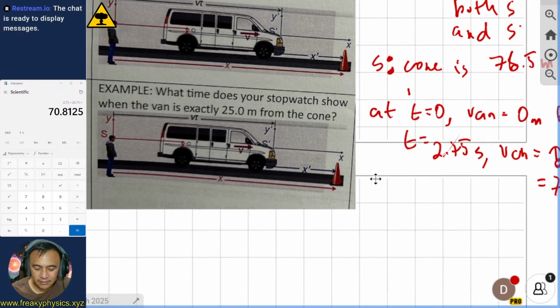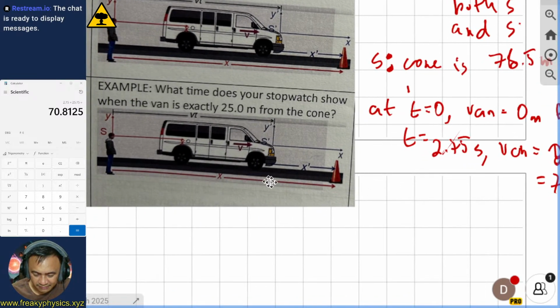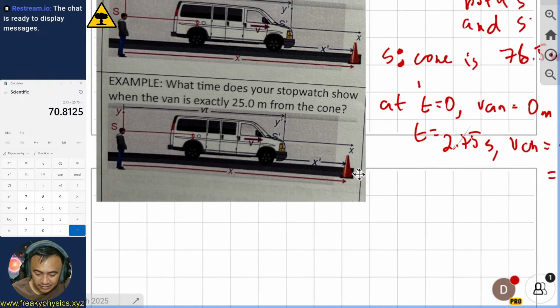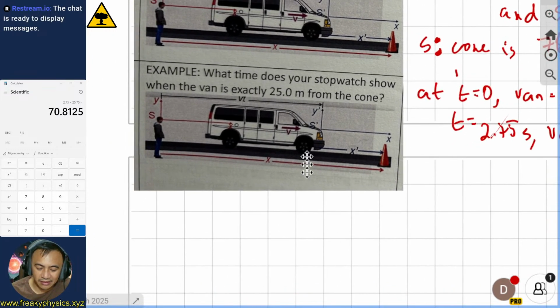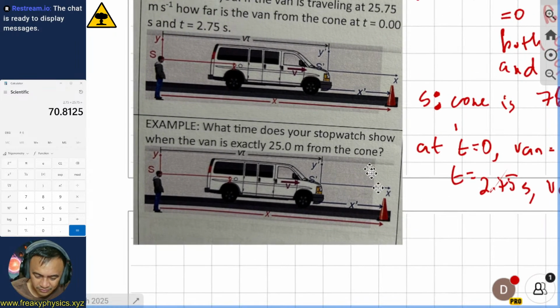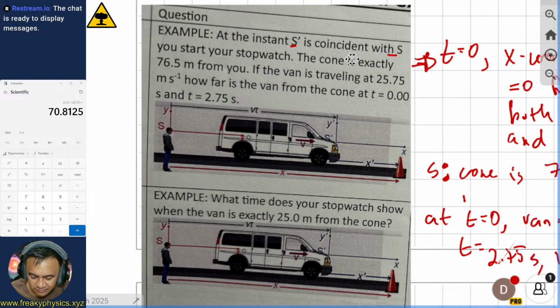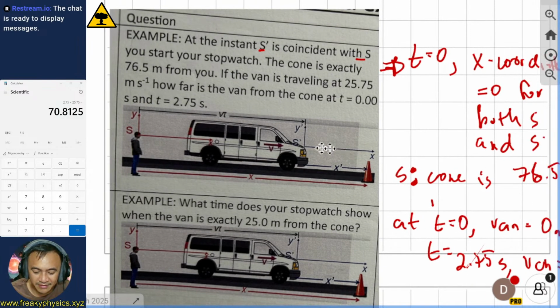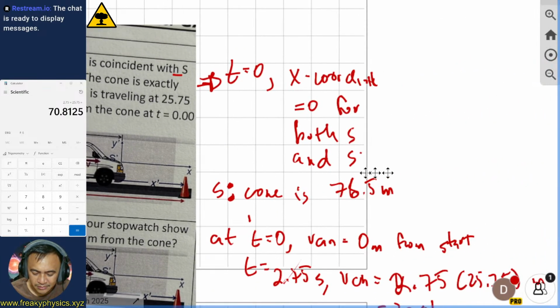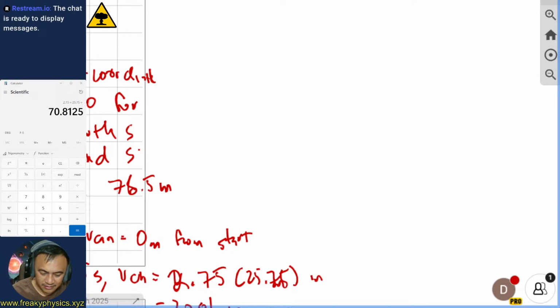We can do the same thing for the second one. Shall we do the second one now? No, let's not do the second one yet. Let's go to the first one. It doesn't actually say what the question is, but the way it looks, the next question is what is x prime?